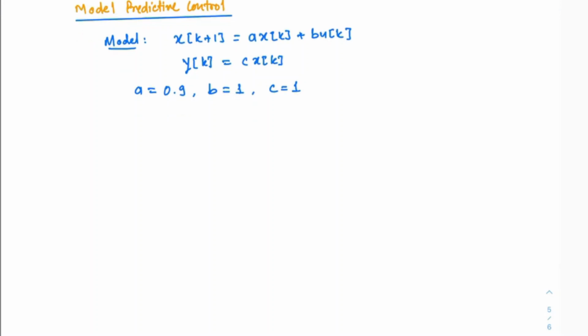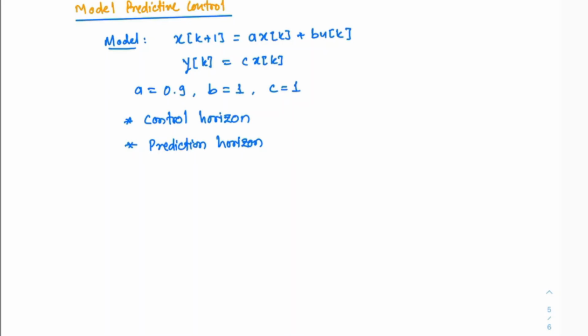So we discussed two important things here. First is control horizon, and second is prediction horizon. You start at any given time k, and you will be looking some steps into the future.